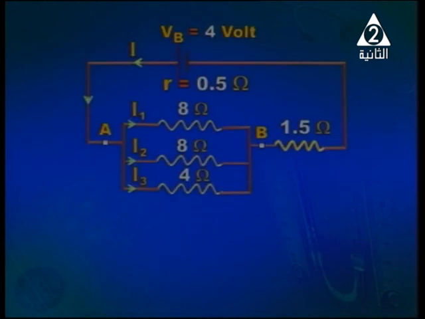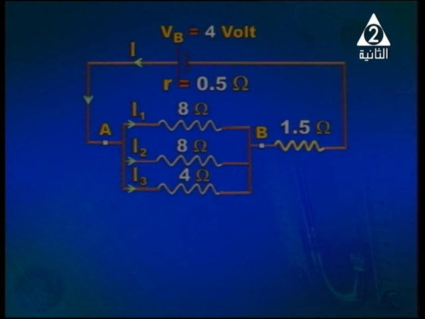Another problem. We've got a circuit shown in front of you. V battery here is equal to 4 volt. R internal is 0.5 ohm. We've got a parallel combination which consists of 3 resistors, an 8 ohm resistor and another 8 ohm resistor and 4 ohm.